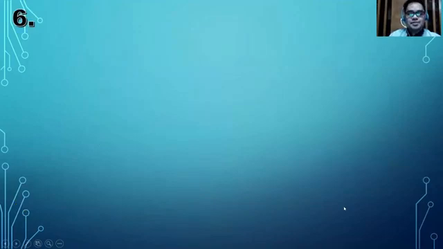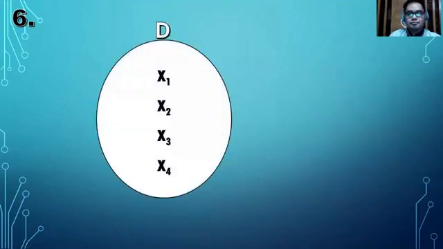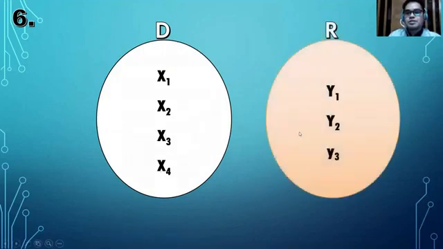Next, for number 6. Okay, set D has the elements x sub 1, x sub 2, x sub 3, x sub 4. Now, set R has the elements y sub 1, y sub 2, and y sub 3.